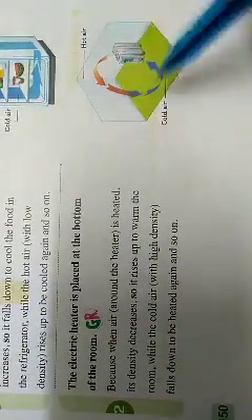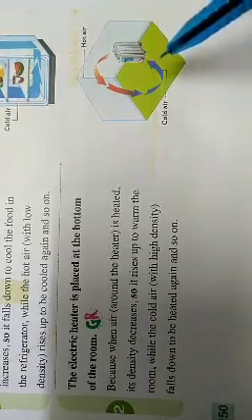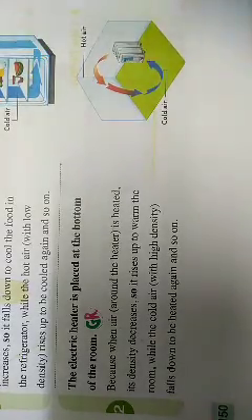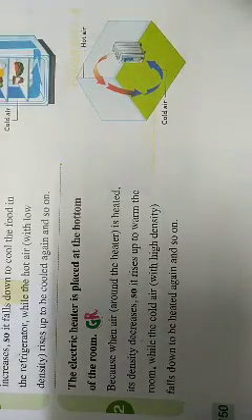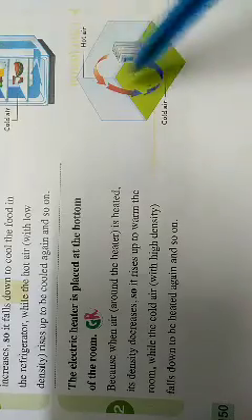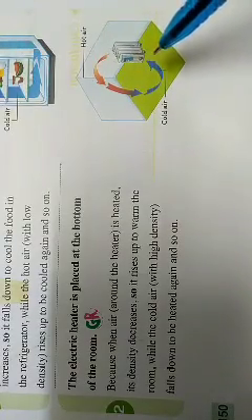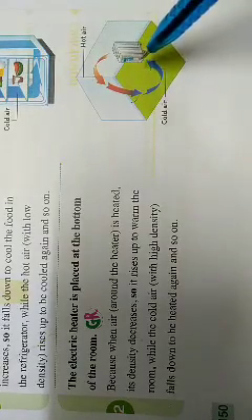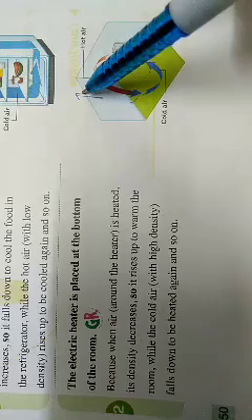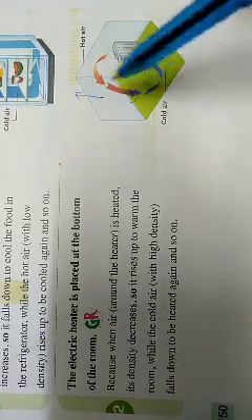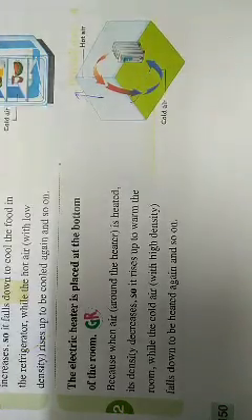Because when the air around the heater is heated, its density decreases, so the low density air will rise up to warm the room, while the cold air with high density will fall down to be heated again.